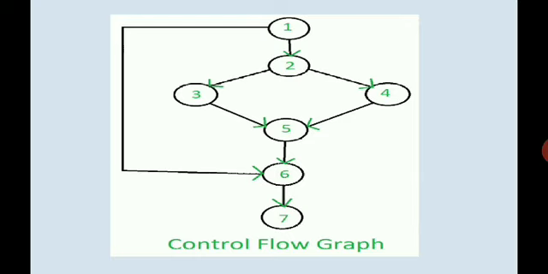If you choose true, then you go to 3, and if you choose false, you go to step 4, and from there you reach a common state 5. After 5 it may exit, or after 3 or 4 it may exit. This is just a common example to show how it goes.